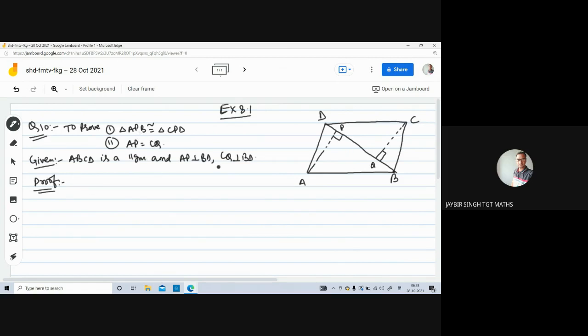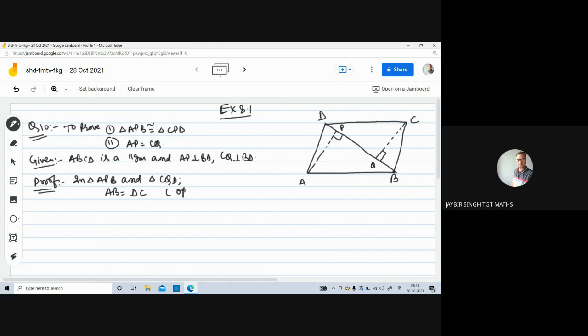Let's do it. In triangle APB and triangle CQD, these are two triangles. First, AB is equal to DC.